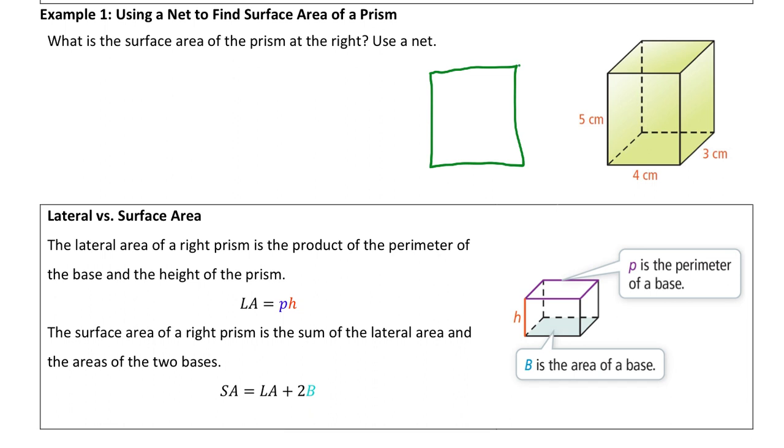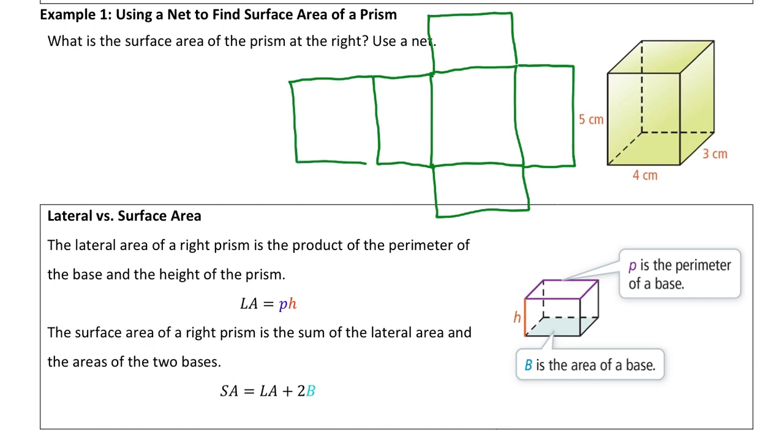So it's going to have a face to the left, a face to the right, a face above, a face below, and I am actually missing one face. I'm missing the front face of this shape. So I'm just going to draw the front face over here to give myself some room.